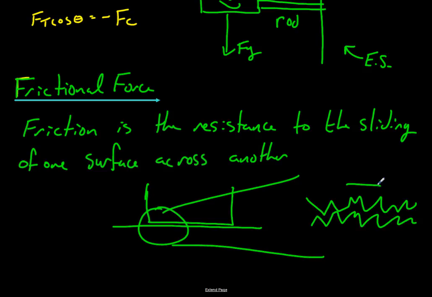So you can imagine if one object is going to be slid across another, so we're pushing this to the right, there's going to be a resistance or a reactive force, and that's because at the microscopic level, all of these little jagged points have to bump across one another. So you almost have to have a little lift. Every time you move this forward a little bit, it has to bump over and catch into the next teeth.